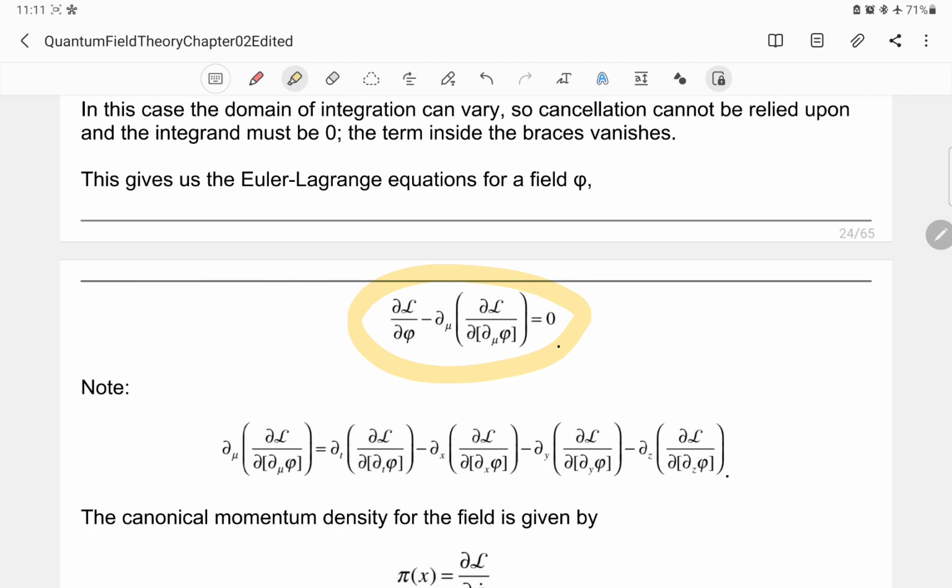And when you, as we have discussed in the previous chapter, when you see an index appearing twice, that's the sum. That's just the sum. So here we have this one. So this means that it's a sum. Not really the sum.